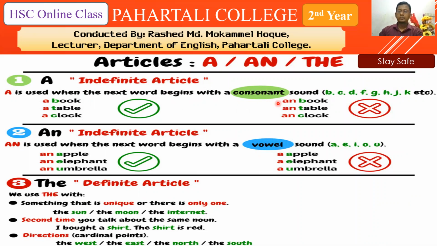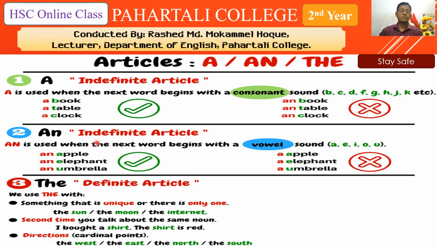It is not mandatory to be a consonant letter or alphabet. It has to be pronounced as a consonant. Say, for example, a book, a table, a clock. All are consonants: book, ball, table, clock. Because B is a consonant, T is a consonant, C is a consonant.